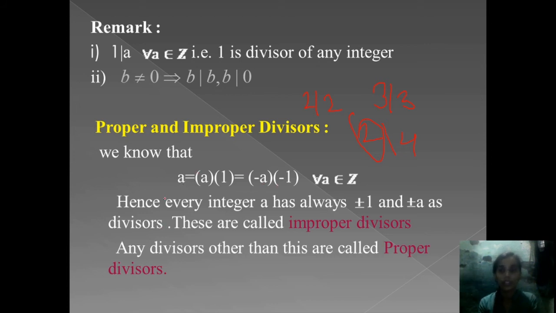So every integer a always has plus or minus 1 and plus or minus a as divisors. These numbers plus or minus 1 and plus or minus a are called improper divisors, and any divisor other than these is called a proper divisor. We have the proper definition of this proper divisor.